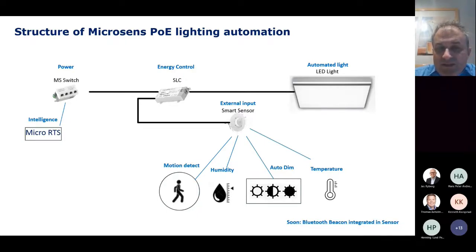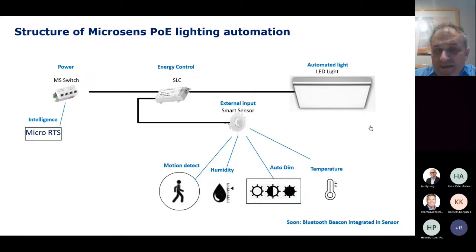What you see here is the basic concept of PoE lighting. In general, you have a network part, which is represented on the top left with this small micro switch. This micro switch is a standard managed network device, which is also able to provide PoE power, and we use this feature to feed lighting.